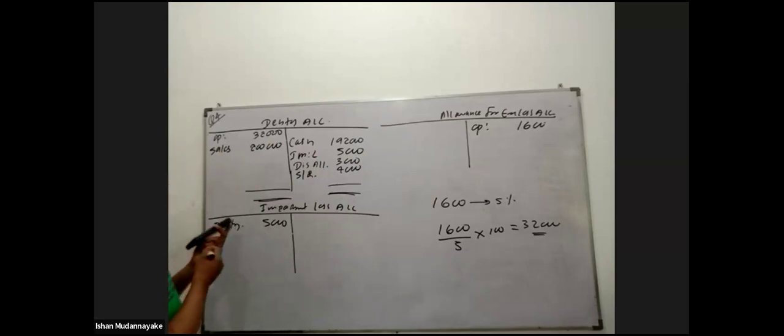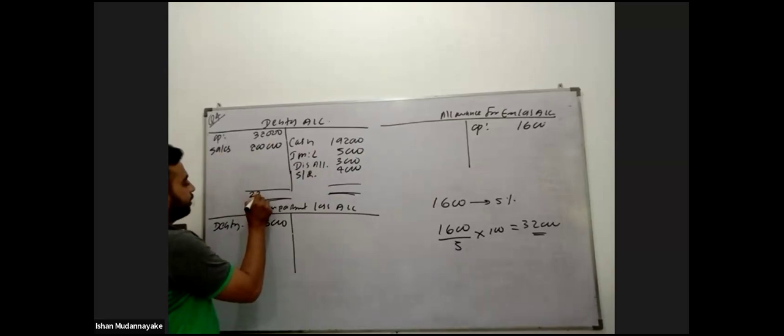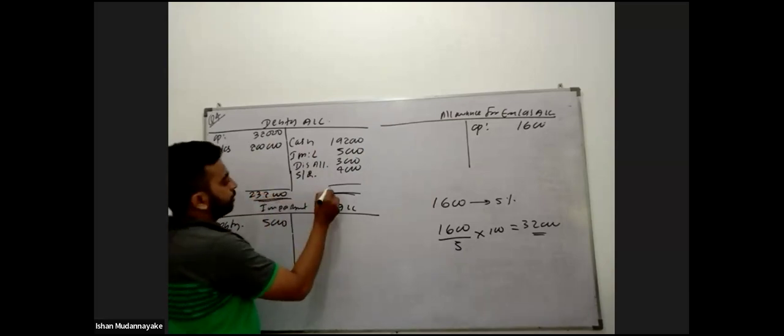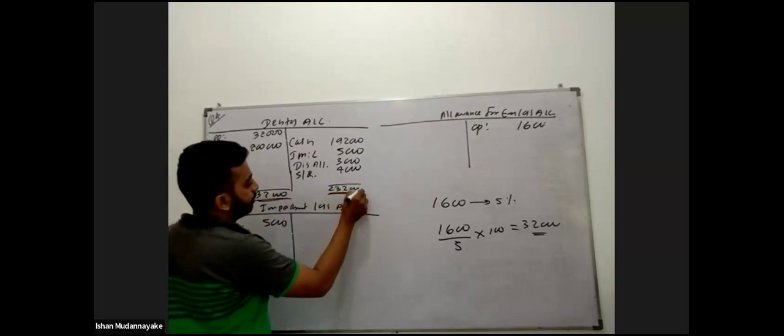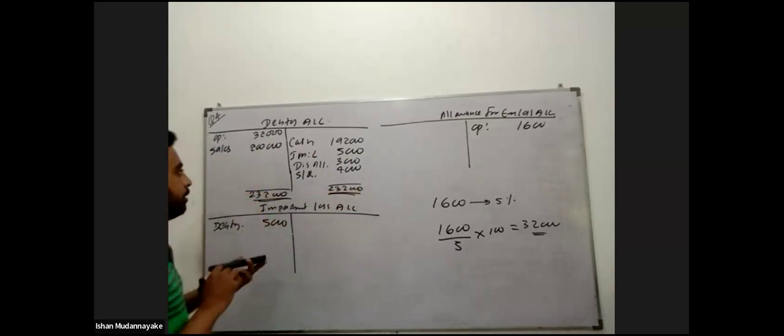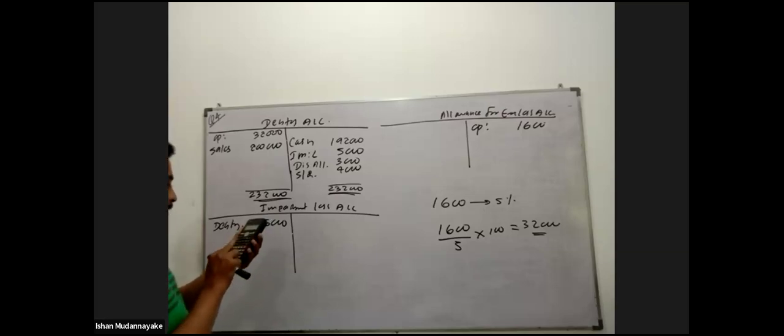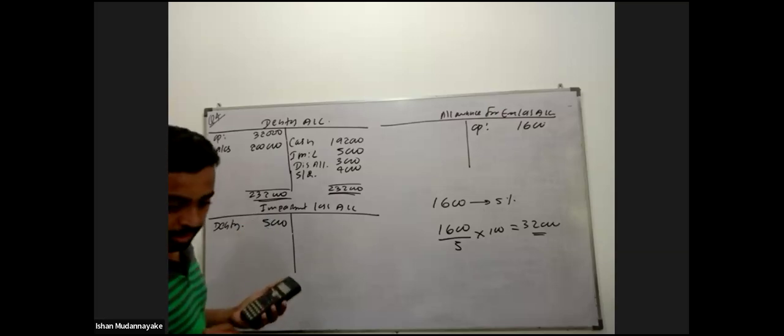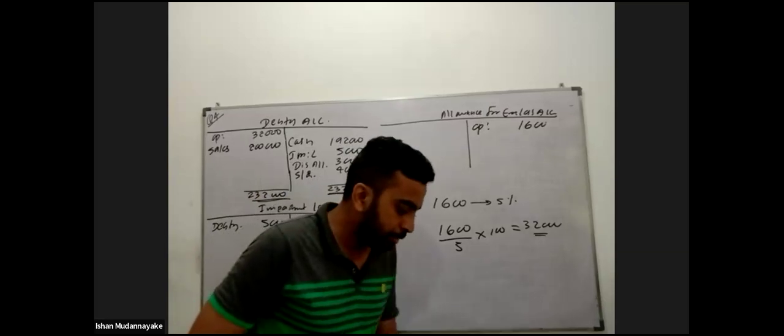Debtors 32,000 plus 200,000 is 232,000. We are discussing question number 4.